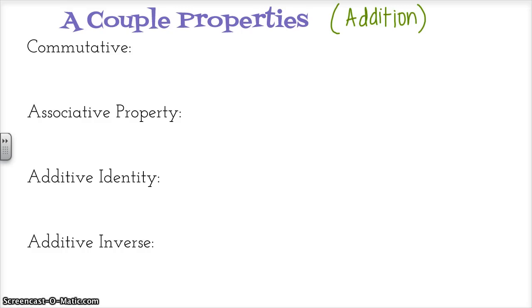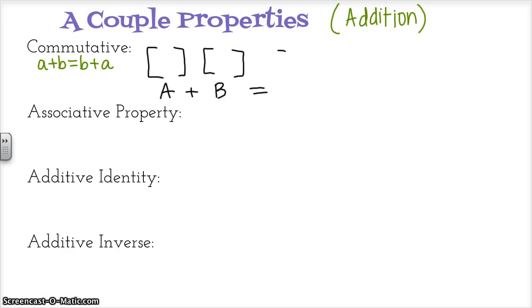But in the meantime, commutative property. Hopefully you remember what the commutative property is. In terms of numbers, commutative means that A plus B equals B plus A. Well, in terms of matrices, it means that matrix A plus matrix B is the same as matrix B plus matrix A. You can switch the order on your adding.